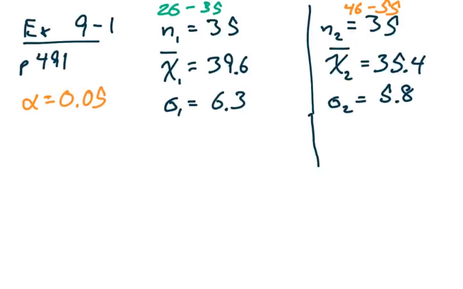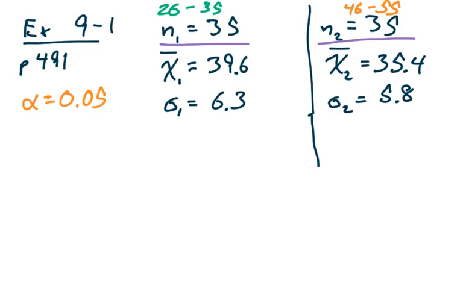All right, so here we are looking at example 9-1 on page 491. And this is pertaining to leisure time, apparently. A study using 2 random samples of 35 people each. So here we have n1 equals 35 and n2 is also equal to 35.